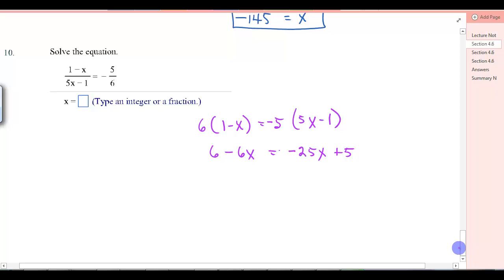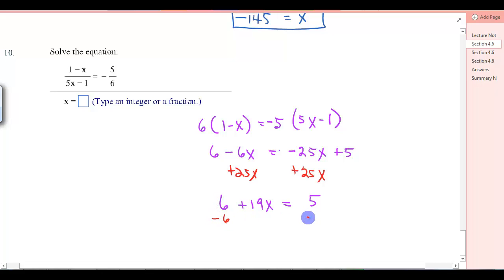Now, let's add 25x to both sides so that we can get those together. And you're left with 6 plus 19x equals 5.